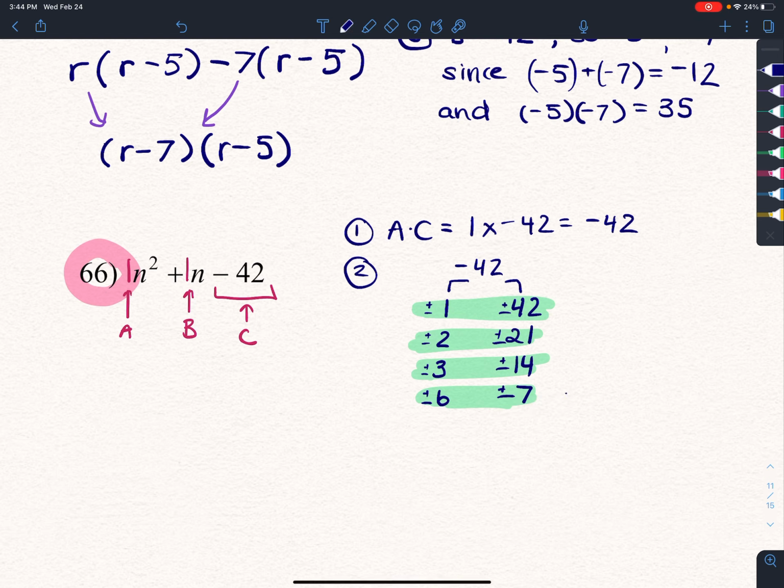So the way that, let's write step 3. So step 3, B is 1. So we know that we're going to have 6 plus 7, and now we know that one of these has to be negative. We want to be left with a positive 1. So we have to make 6 negative.